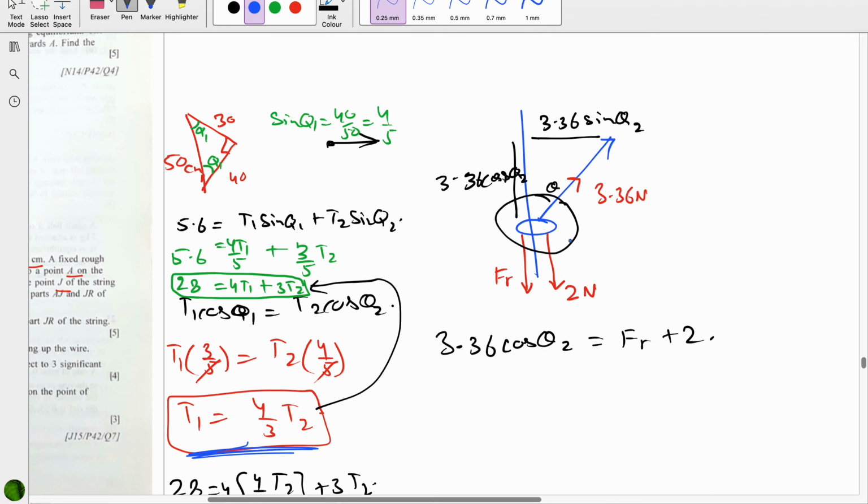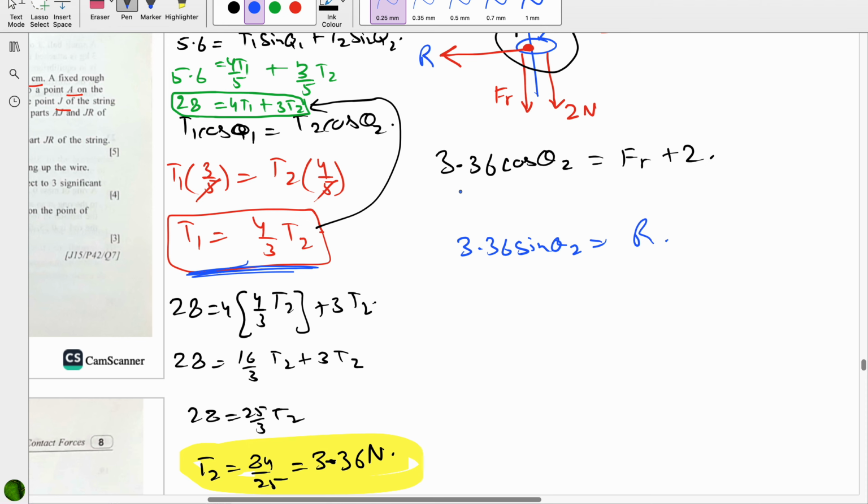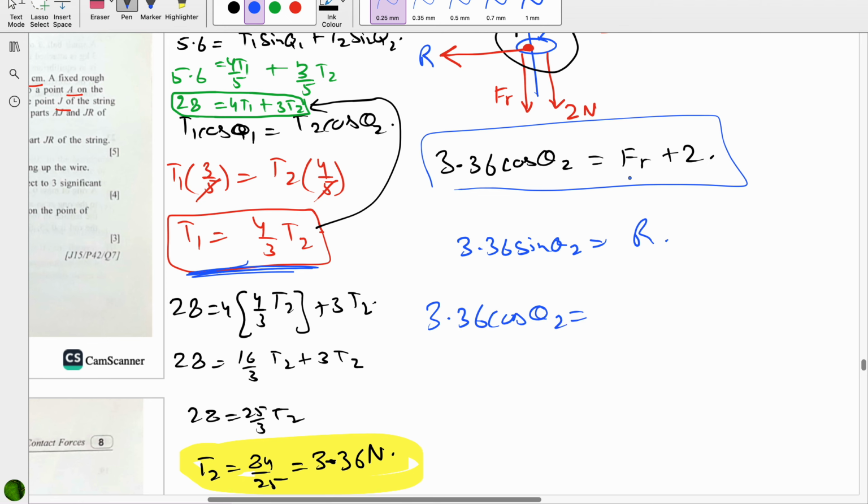When we solve for the horizontal forces, my contact force would be towards left because there is only one horizontal force which is pulling it towards right because of this 3.36. So towards right is 3.36 sine theta 2 and towards left would be the normal contact force R. So I'm copying this in the initial equation again. 3.36 cos of theta 2 is equal to friction.